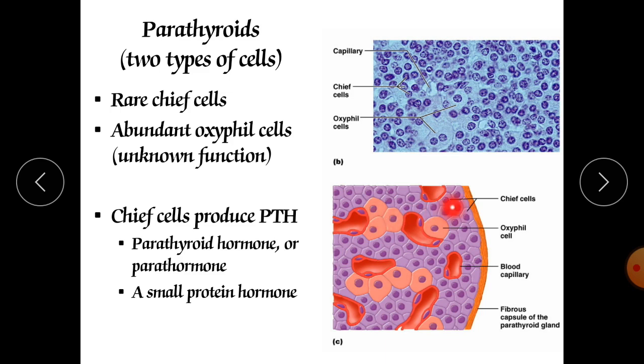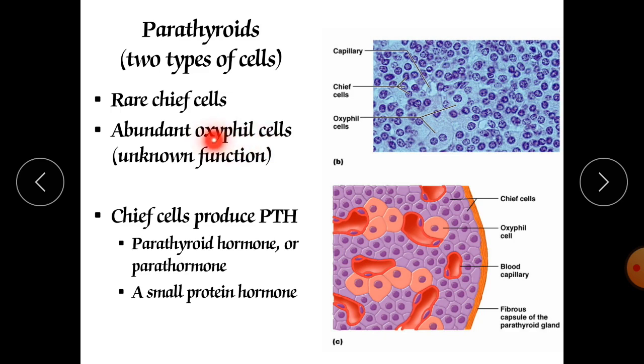This is the chief cell from where the parathyroid hormone is released. The parathyroid hormone is also called PTH. And the function of the other kind of cell, which is called the oxyphil cell.